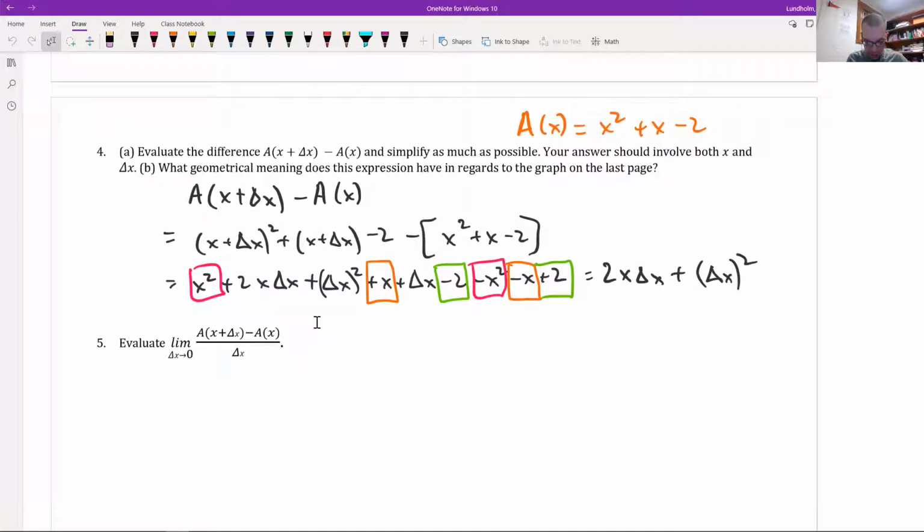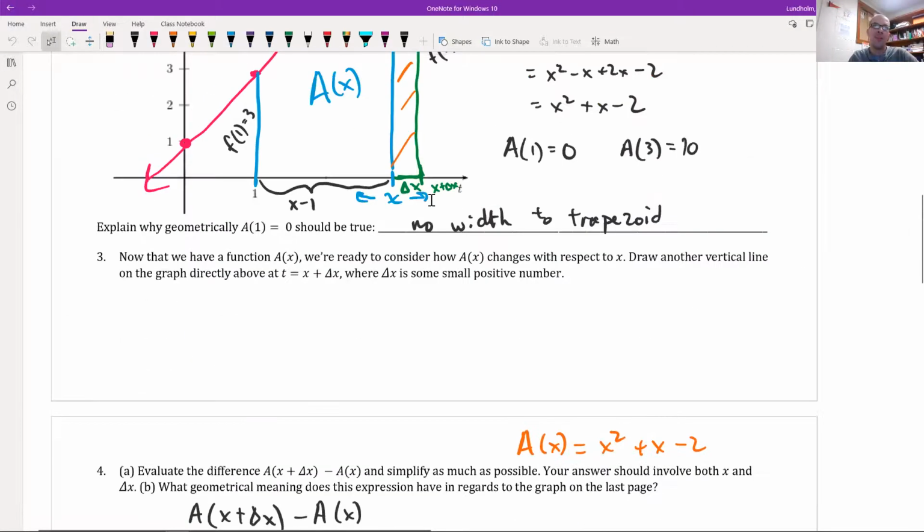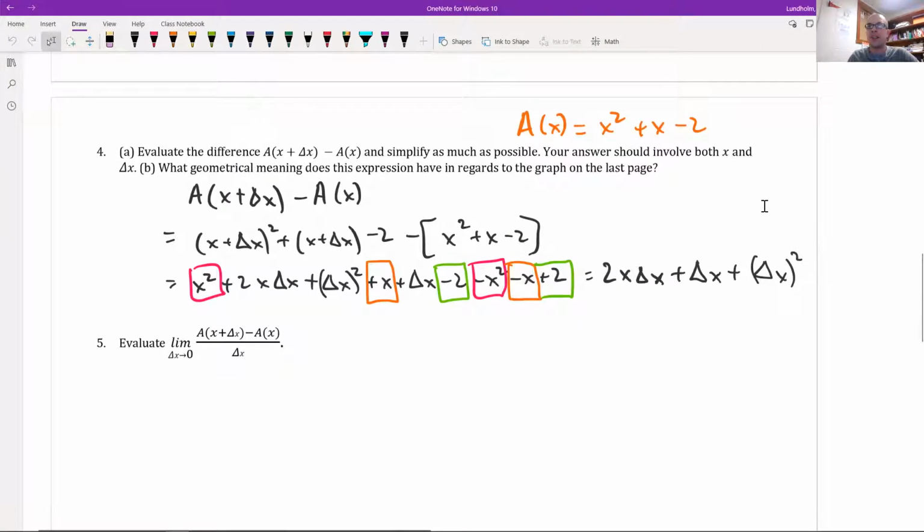Oh, actually, there's another delta X over there. Oh, sorry. Yeah, let me go ahead and throw that in here. Delta X plus the delta X squared is what we're left with. And, upon further reflection, maybe I should have just labeled this little nudge as H, like we've done in the past, because writing delta X a bunch of times is annoying.